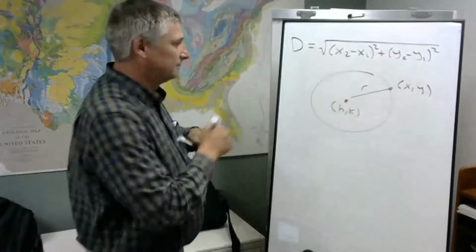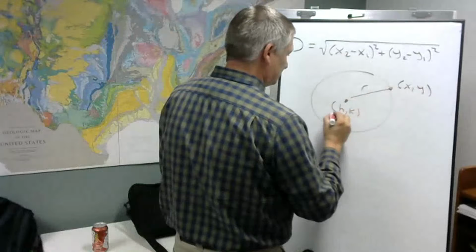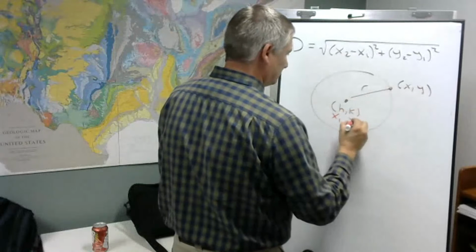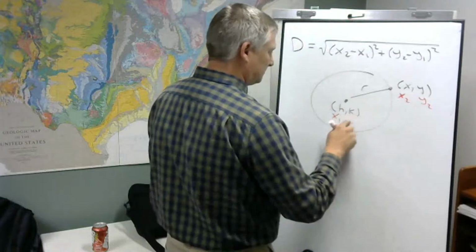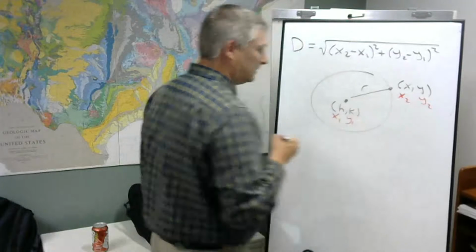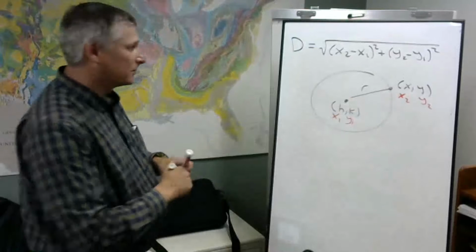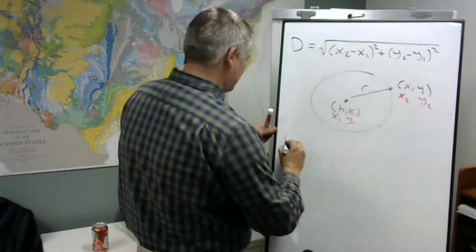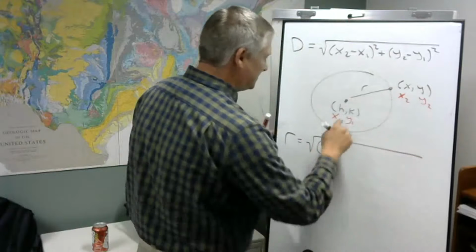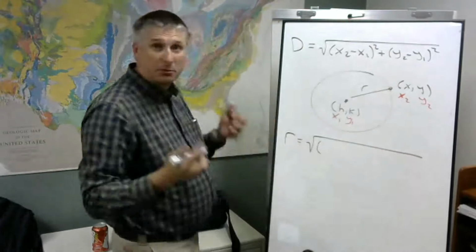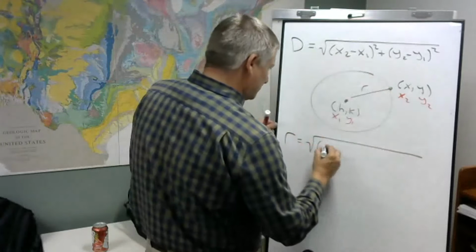Or in other words, to compute our distance formula, the distance needs to be r, and the distance between the center and whatever this point was we picked.